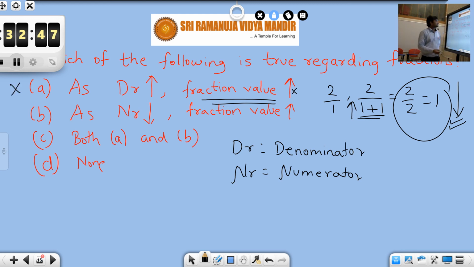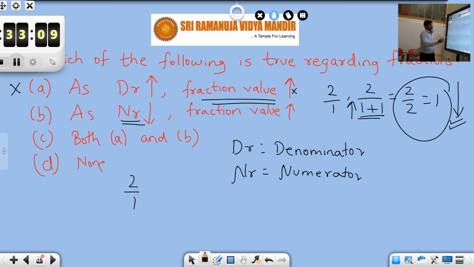Now look at the second option. Here the up arrow I am using for increasing and the down arrow for decreasing. So as numerator decreases, fraction value increases. Is it true? Let's look at another example. Again a similar example, 2 by 1.